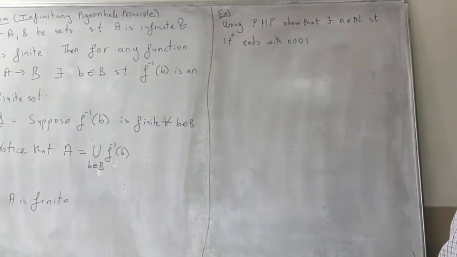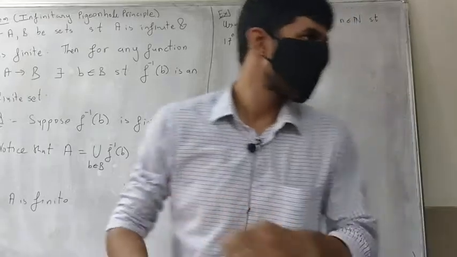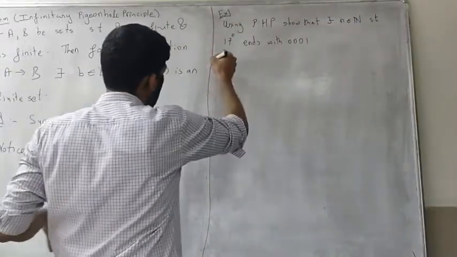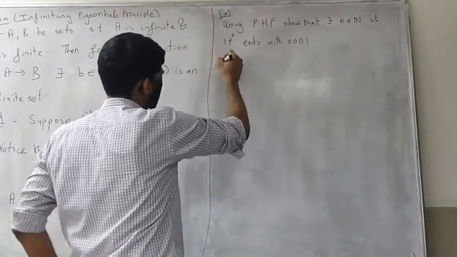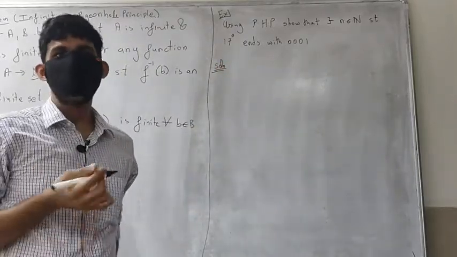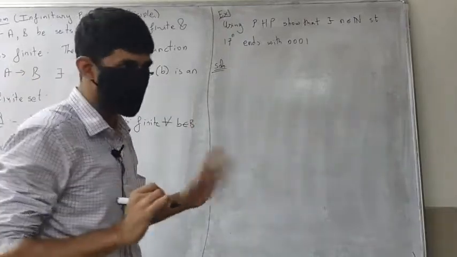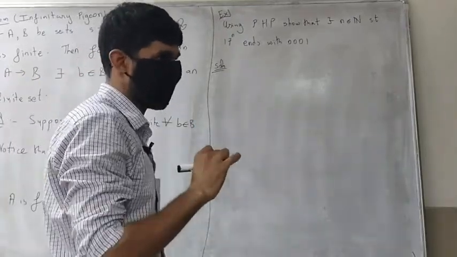So let's see how to prove this using the pigeonhole principle. Again, I will use the infinitary version of the pigeonhole principle, but you don't need to. You can actually use the regular version if you just change the proof a little. Just for the sake of it, I'm going to use the infinitary version.